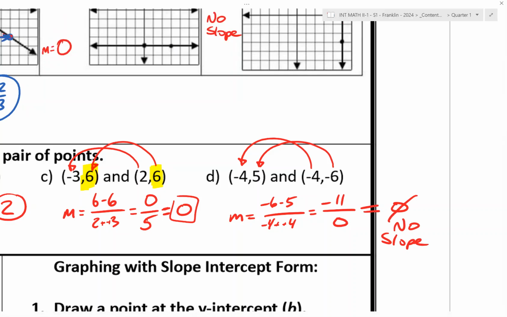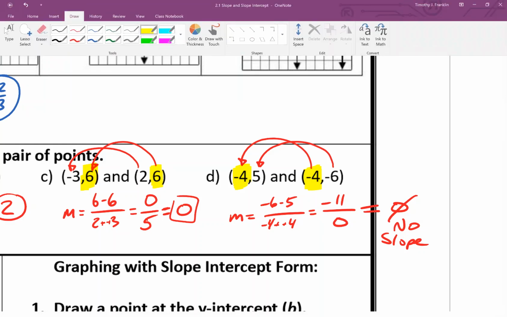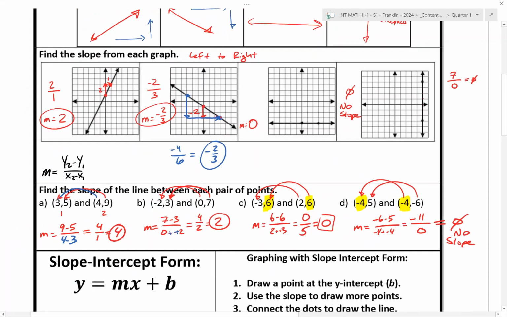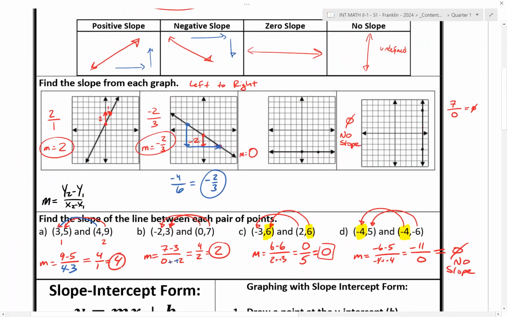And again, they have the same number in the x position this time, which is why we got 0 on the bottom. And 2 points with the same x values will line up vertically with each other, so that is why we have no slope there. That describes a vertical line. Okay, so a really quick overview of finding slope from a graph and from 2 points.